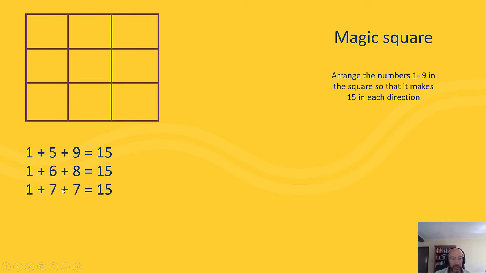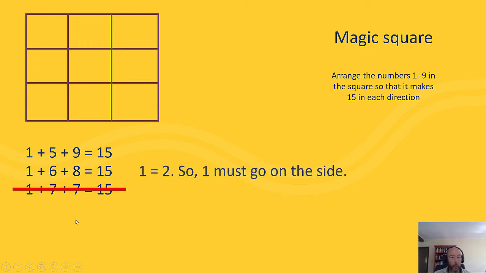The next one is 1 plus 7 plus 7. Oh, that's a double. We can't use that one. So those two are the only ways that you can make 15 with 3 digits using 1. So there's only 2 ways you can use 1.